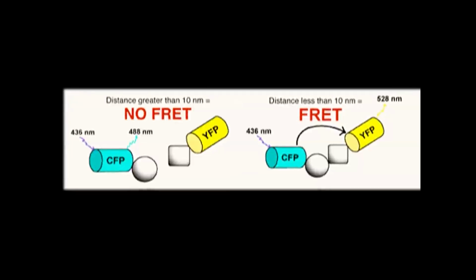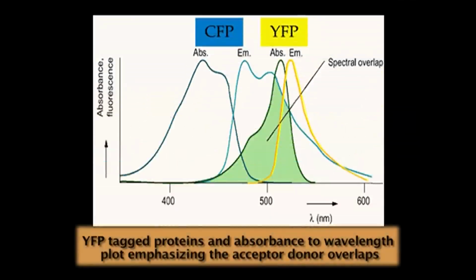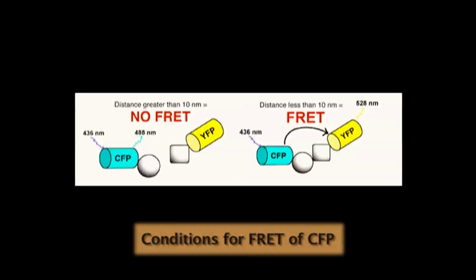Now, you also look at the figure in the spectrum, as you see that the absorption spectrum of the first fluorophore, let's say CFP, so you have to provide the incident energy as per that absorption spectrum. Now, the CFP absorbs it and then gets excited, and rather than actually fluorescing, it passes its energy to the second fluorophore, which is the YFP, and you get fluorescence from the YFP.